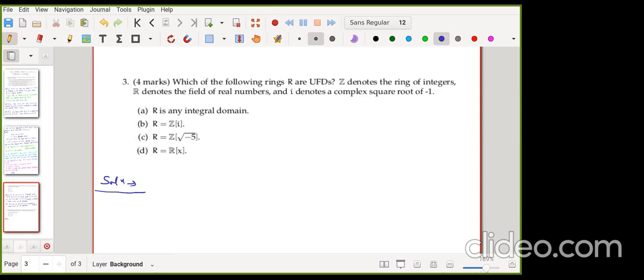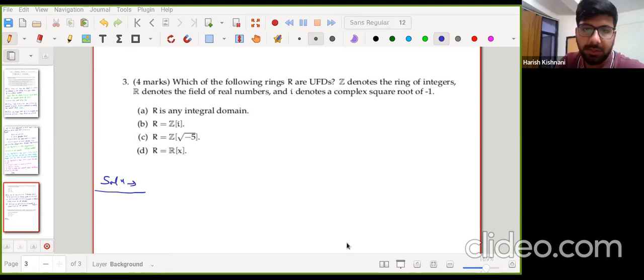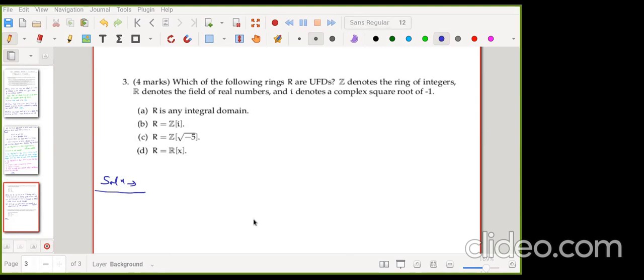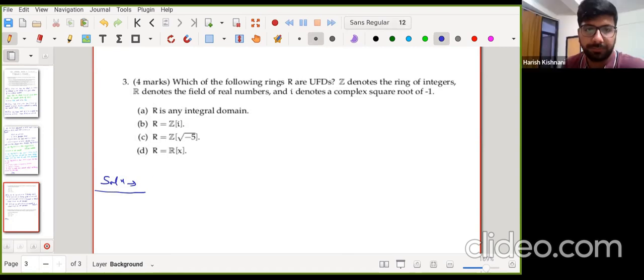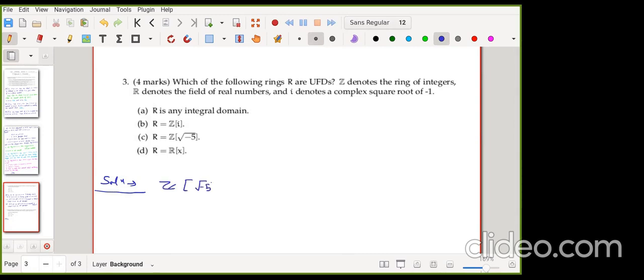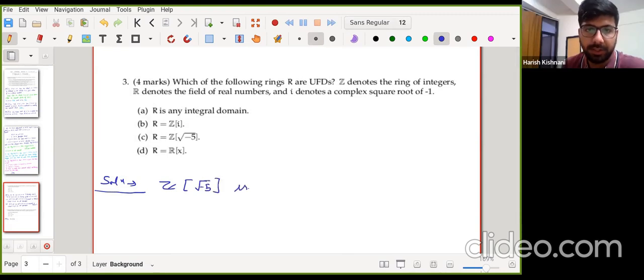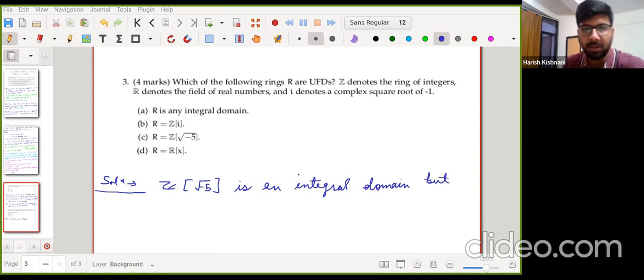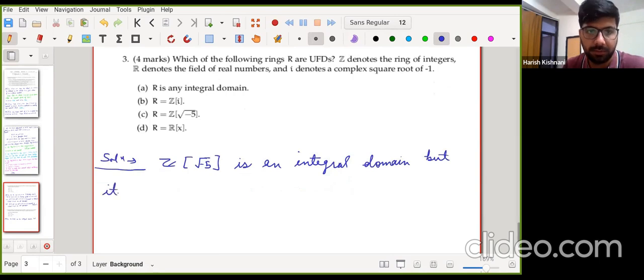And you can see that the counterexample is already there in one of the options, that is Z[square root of -5]. Z[root of -5] is an integral domain, but it is not a UFD.